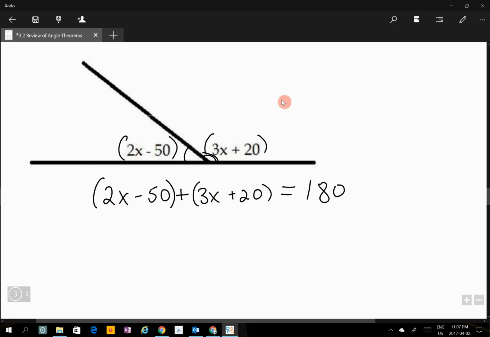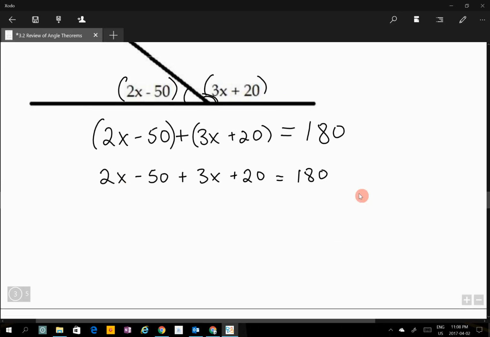Okay, so I'm going to remove the brackets, 2x minus 50. You do want to start off with brackets just in case you do run into the situation where you are subtracting angles, so that minus sign could make a difference. Here there's no minus sign in front of the brackets, so every term stays the same. Okay, but you solve this equation just like any other from our previous cycle. You collect like terms on the left side, so 2x and 3x make 5x, and minus 50 plus 20 is minus 30.